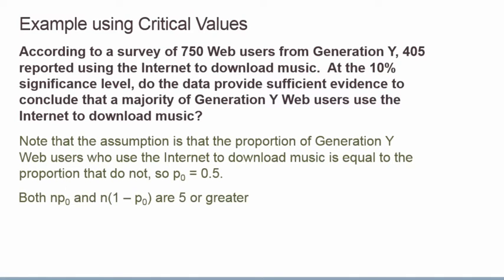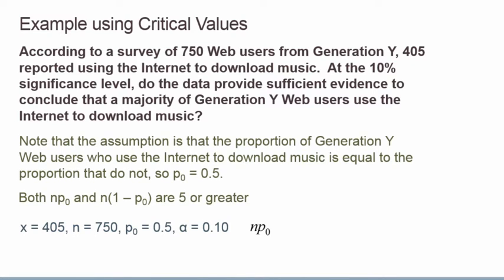Now we need to decide if both n times p sub 0 and n times 1 minus p sub 0 are 5 or greater. We know so far that x is 405, n is 750, p sub 0 is 0.5, and alpha is 0.1.